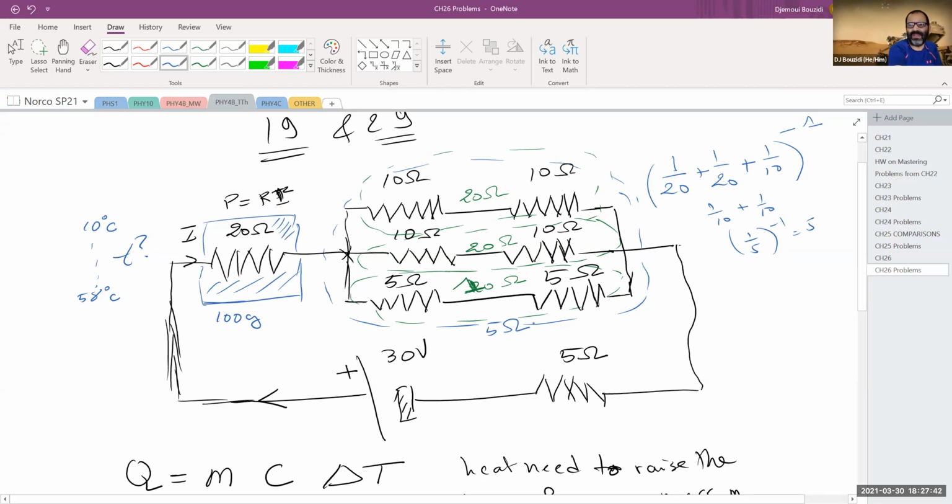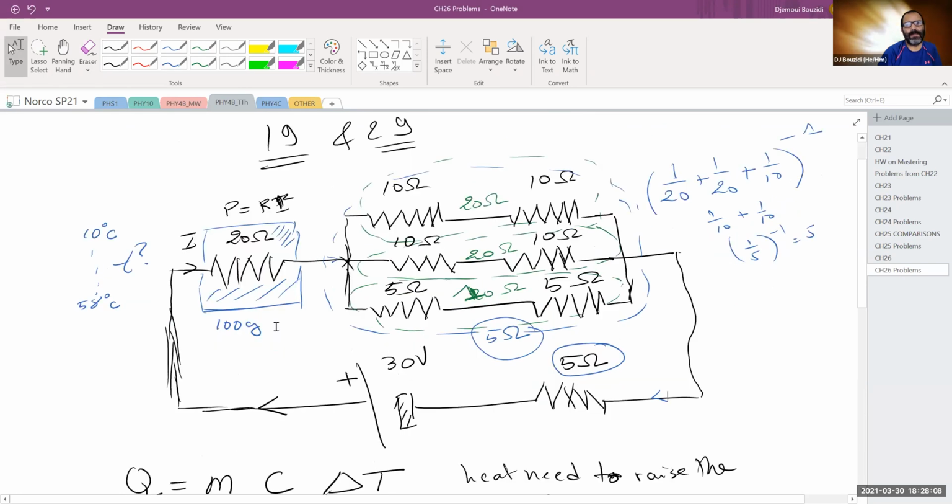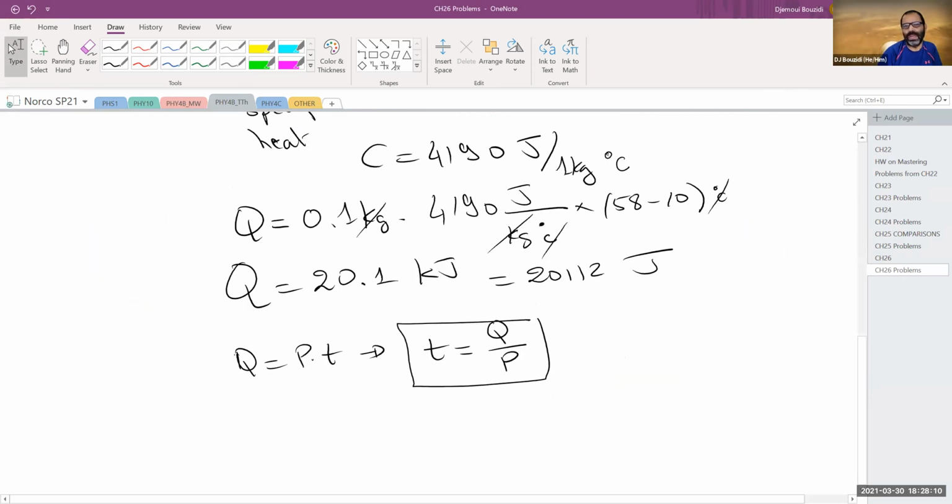So we have now 5 ohm in series with the other 5 ohm, and in series also with the 20 ohm, because the same current is coming through the 20 ohm, goes through this complicated geometry, which is just like an equivalent 5 ohm, and then goes through the other 5 ohm. So all of these resistors are just one resistor of 5 plus 5 plus 20, and that is 30.